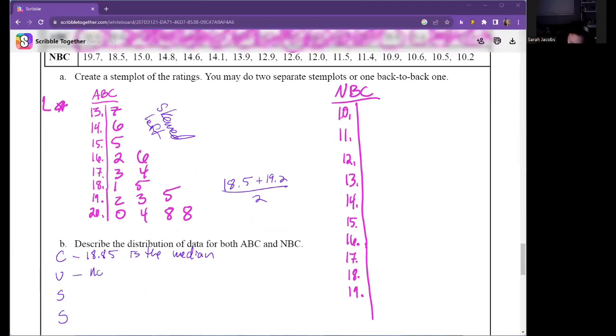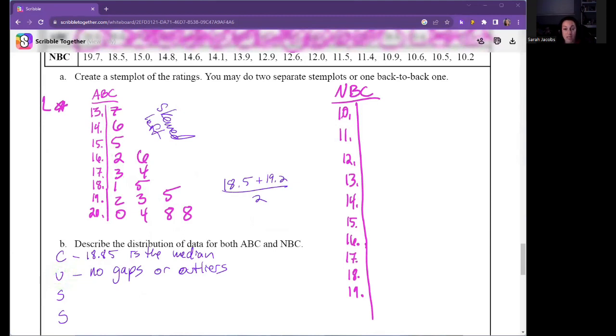Unusuals. No gaps or outliers. Outliers. All right, we don't see any. I'm going to feel pretty confident and not even calculate to see if that 13.7 is an outlier or the 14.6. But the key with this acronym is for unusuals.